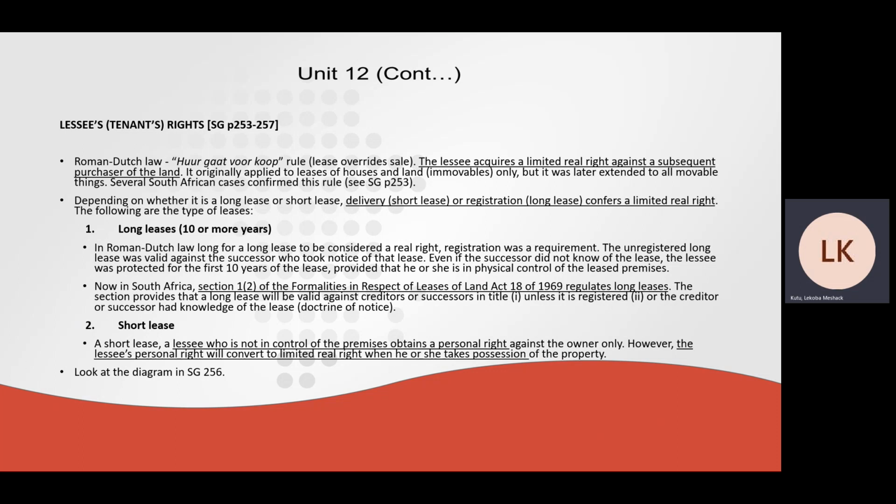So even if the new owner did not know the lease, the lessee was protected for the first 10 years of that lease agreement, provided that he or she is in physical control of the premises.